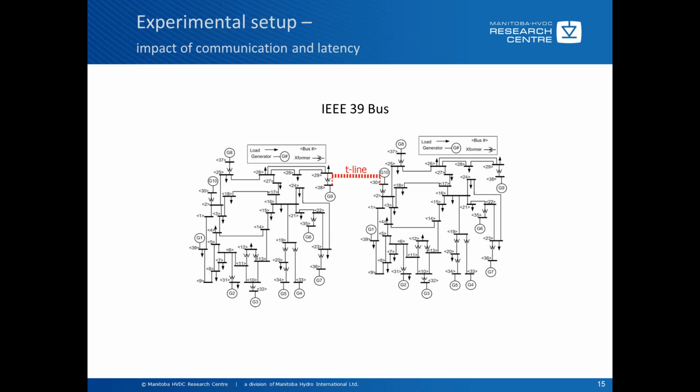All we're trying to do here is focus on how can we break these systems apart, put them on separate processors, and make sure that the communication between the two subsystems is as efficient and as fast as possible.